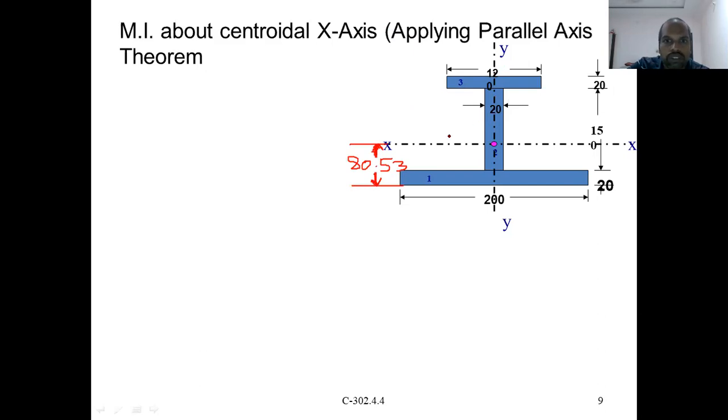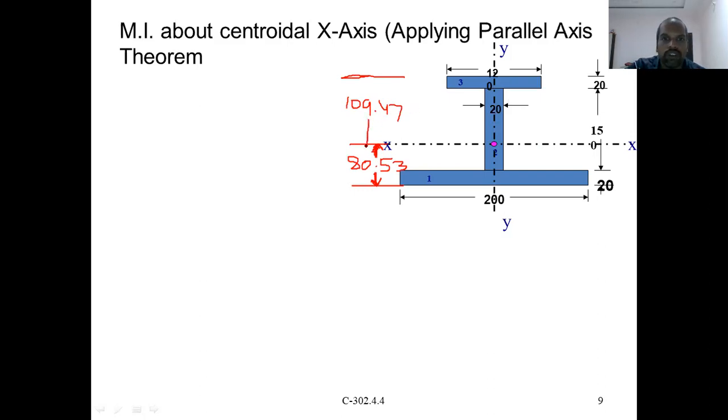Okay, so this is right. If you want, we can calculate from the top also. The total is 190, so 190 minus 80.53 is 109.47.